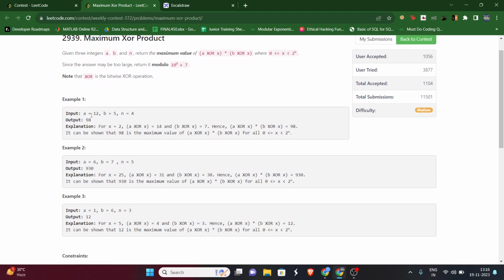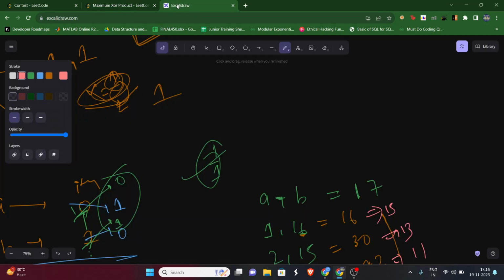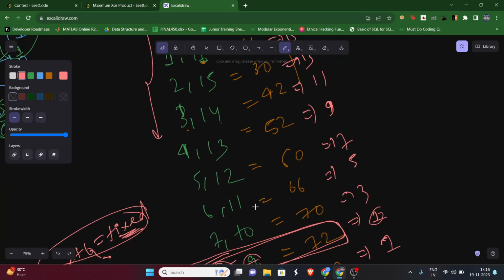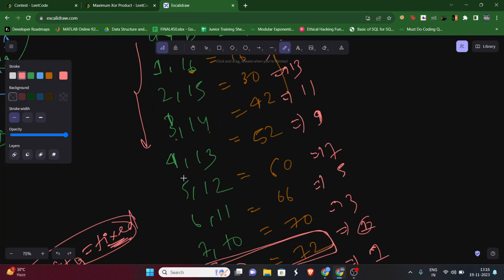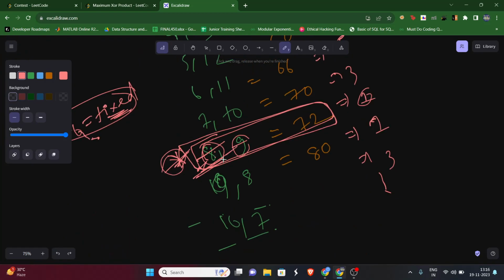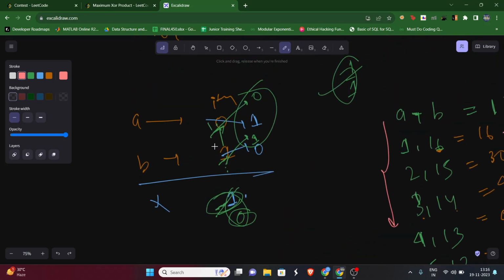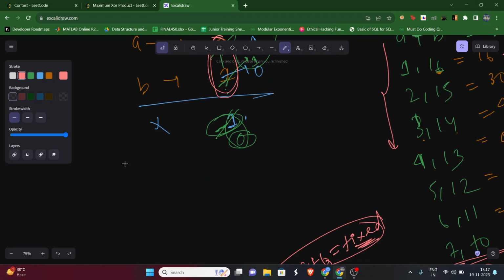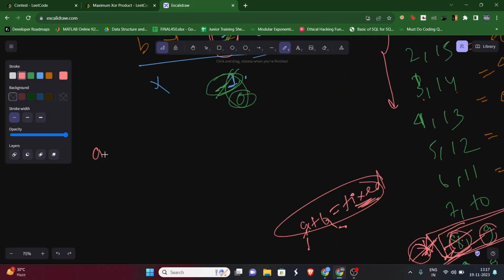if we see in the question what is happening, if we have two numbers, the maximum product can be obtained if we keep them as close to each other as possible. Now back to the question, if we have these two numbers, and these two bits are different, let me make it a little bit clearer.